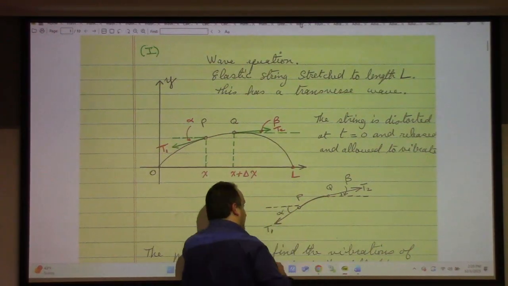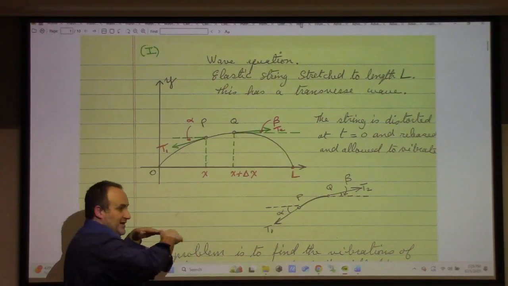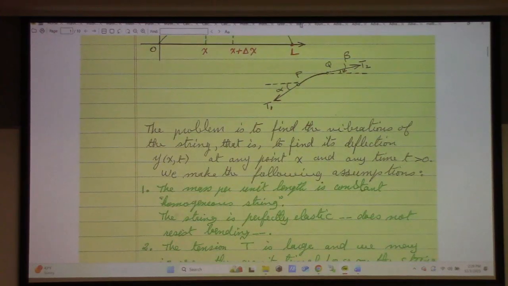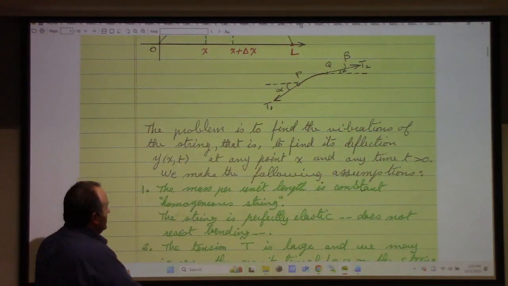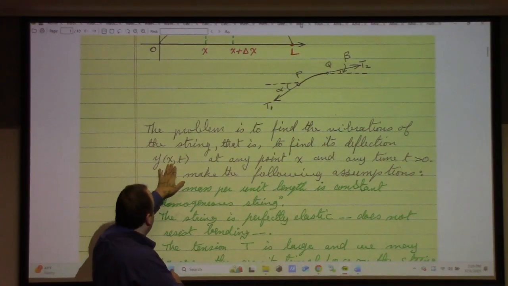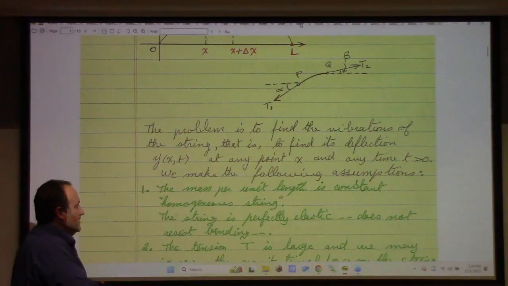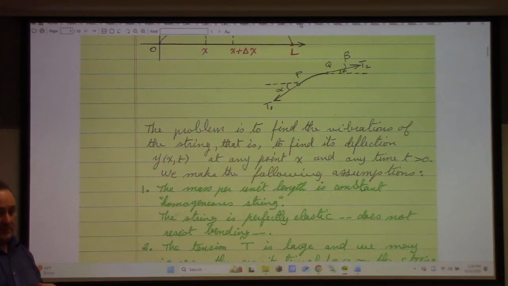So he's analyzing the relation of these 2 nearby points in terms of the angles of the tangents of the string to those points. He says the problem is to find the vibrations of the string, that is, to find its deflection, y of x,t at any point x, any time t positive. And he says we make the following assumptions. So we were always making these assumptions with the wave equation.